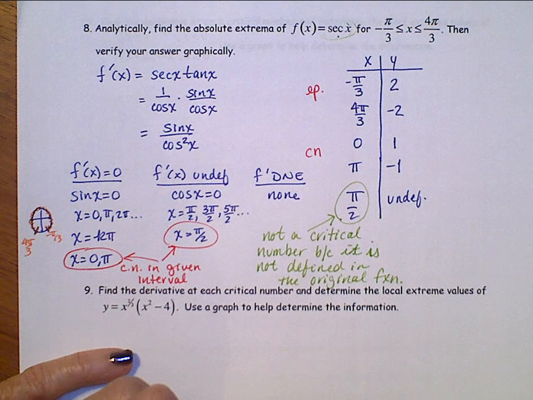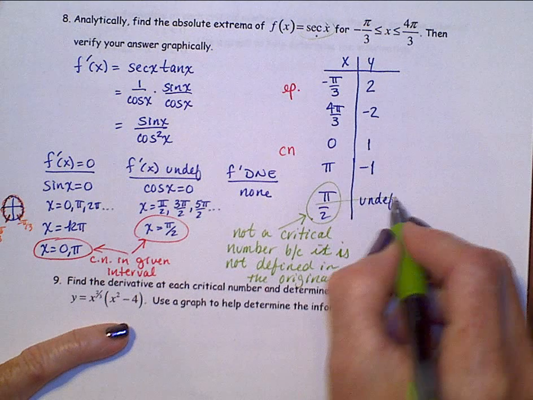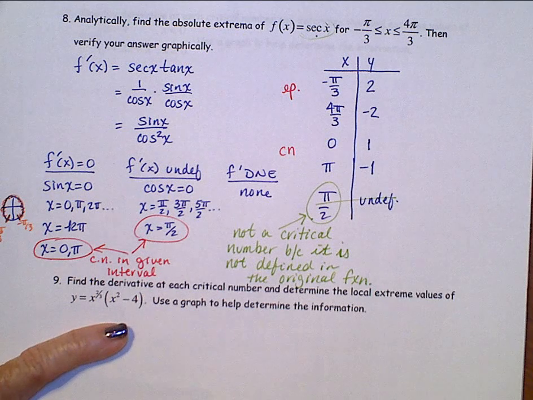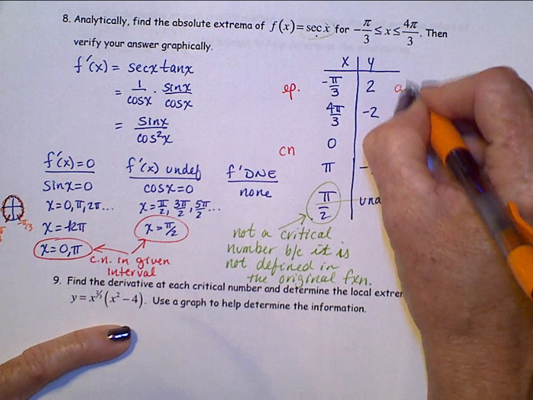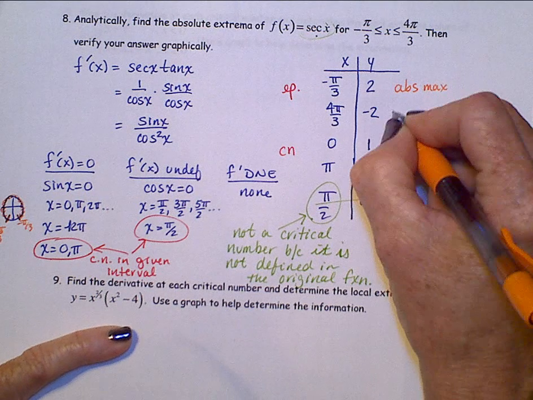Okay, so that one's out. All right, now that leaves us these guys right here. So looking at this list, it looks like we're going to have an absolute maximum right here. And it looks like we have an absolute minimum right here.